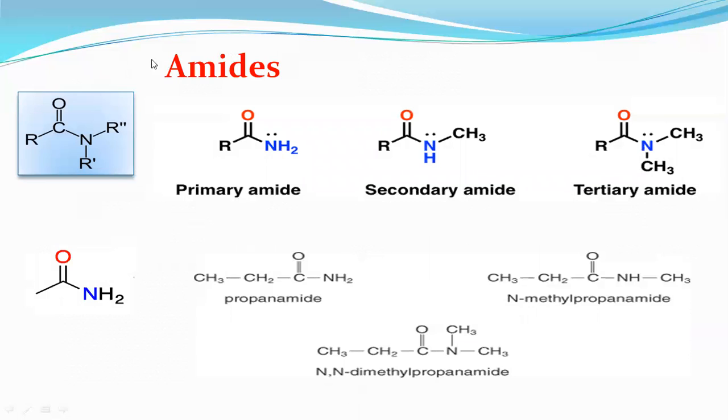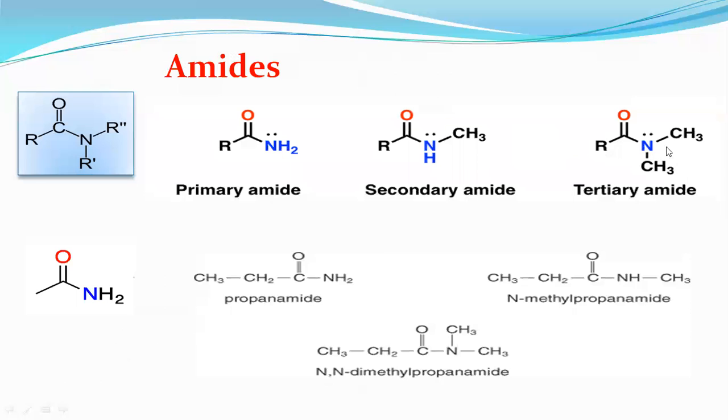For the amides, they contain the functional group RC=ONH2. So here for the primary amides, see, this is the NH2 group, R and C=ONH2. For the secondary amide, RC=ONH, one more hydrogen is replaced by an alkyl group.